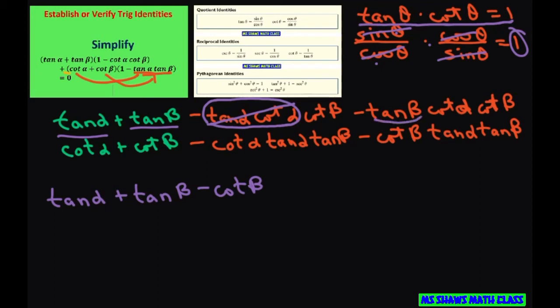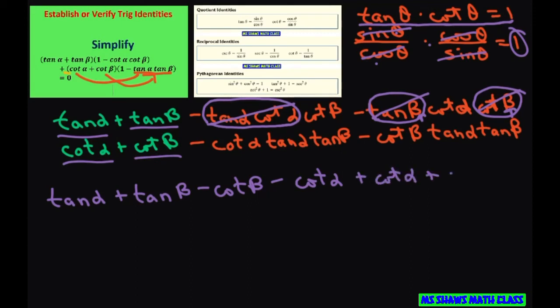Here we have tan of beta, cotan of beta. Since the angles are the same, that means we can cross those out, and we have minus cotan of alpha. All right, now we copy those two down, plus cotan of alpha, plus cotan of beta. Now we do the same thing with this part.